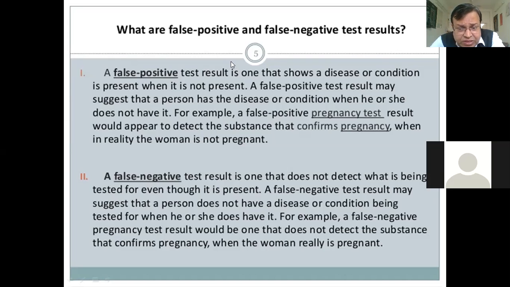For example, a false negative pregnancy test result would be that the test does not detect the substance responsible for confirming pregnancy in the sample, so the test is negative, but in reality the woman is pregnant.